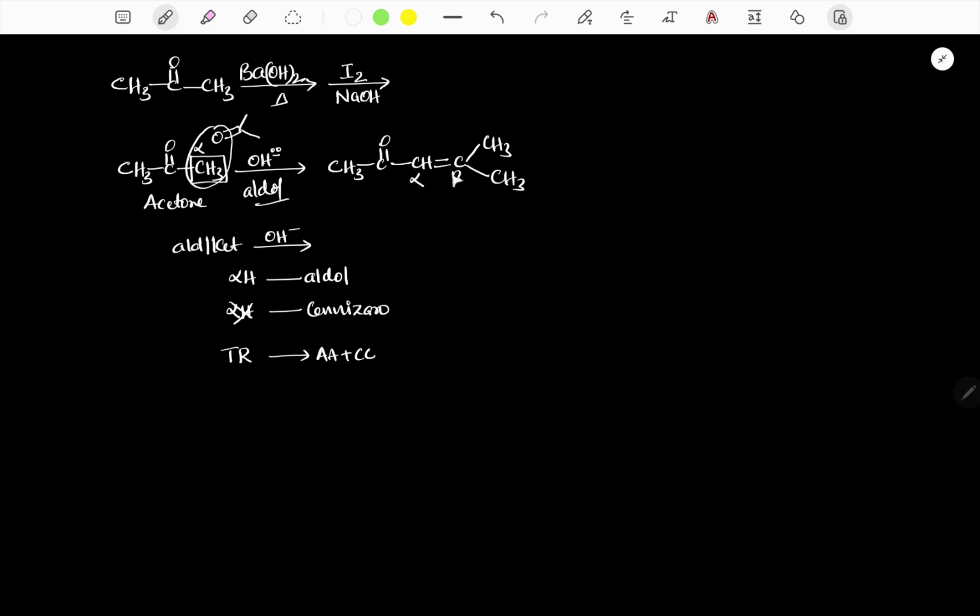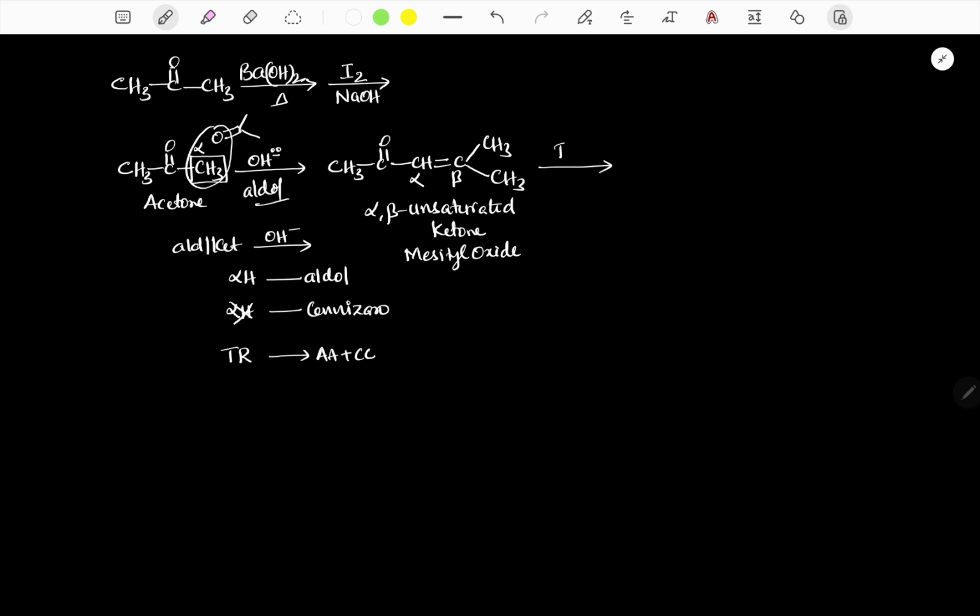With respect to C=O, this is an alpha-beta unsaturated ketone. It is also known as mesityl oxide.